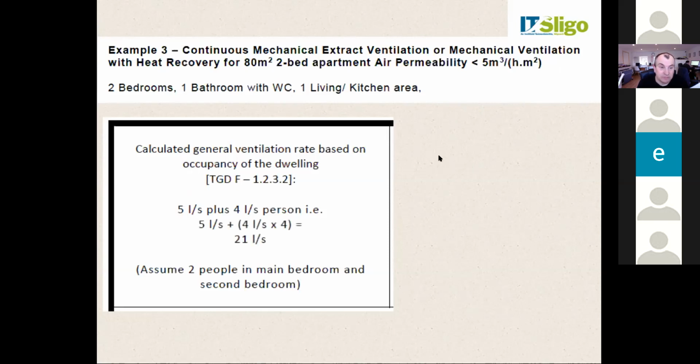We therefore have 5 liters per second plus 4 liters per second by 4. So we have 21 liters per second.